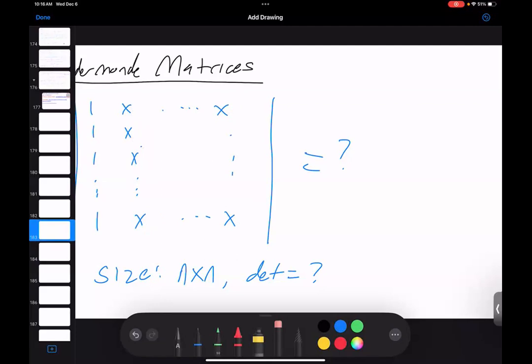So let's do it this way. And again, it sometimes takes a while to figure out what's the right quantity size. Let's do x0, x1, x2, all the way up to, so this would be n minus 1. And this would be x0 to the n minus 1, x1 to the n minus 1, x n minus 1 to the n minus 1.